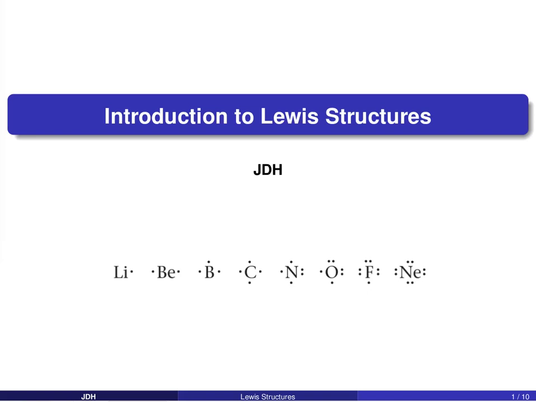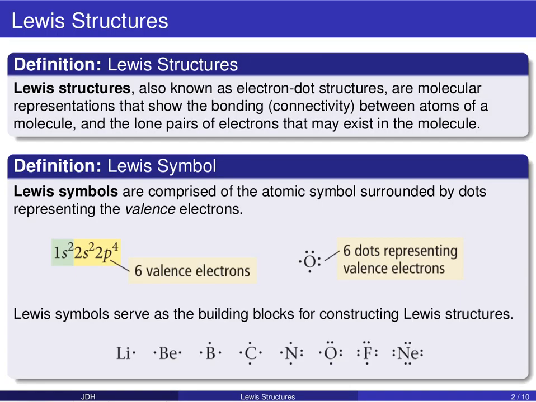Hi guys, in this video we are going to introduce the topic of Lewis structures. Okay, so first up, definition. Lewis structures, also known as electron dot structures, are simply molecular representations that allow us to visualize the bonding or connectivity between atoms in a molecule.